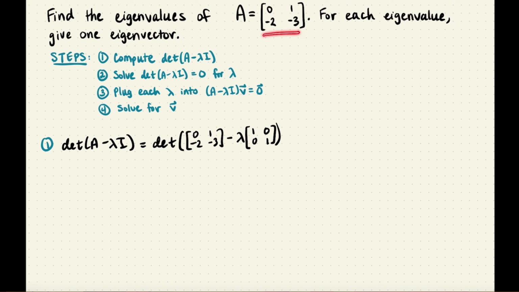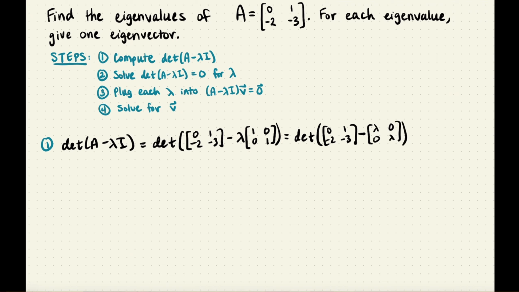So whatever size your matrix A is, that's the size of the identity matrix you'll use. Okay. Now, if we do this scalar multiplication here, because remember lambda is just a number, we'll get the determinant of 0, 1, -2, -3, minus, and now I'm just going to multiply lambda into each of these elements here. So that'll give me a lambda here, a 0, 0, and a lambda here.